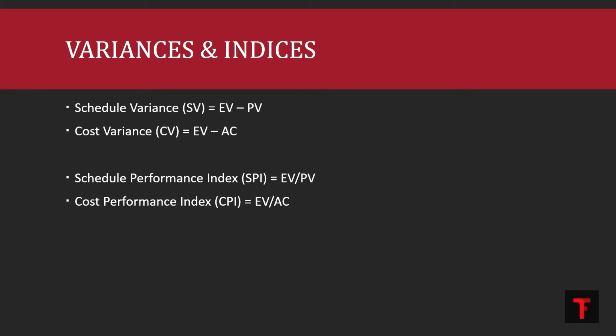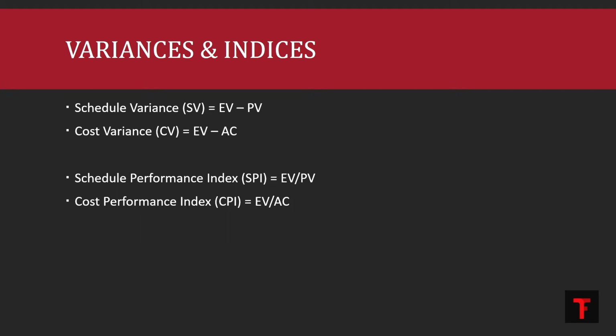For schedule variance or schedule performance index, or cost variance or cost performance index, the outcomes are generic. In case of variances, it could always be either a positive value, a negative value, or zero, since it is a subtraction process.